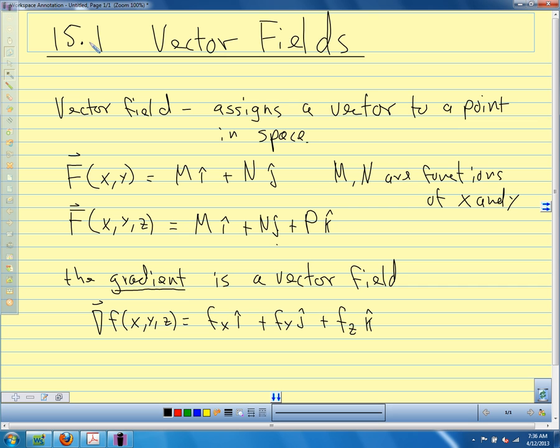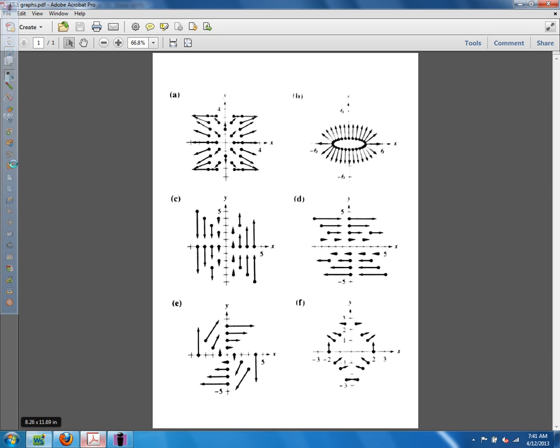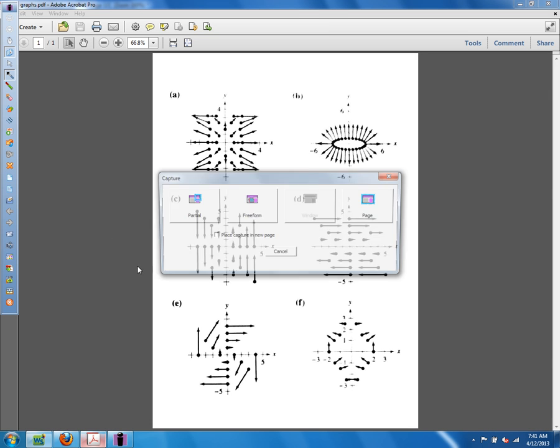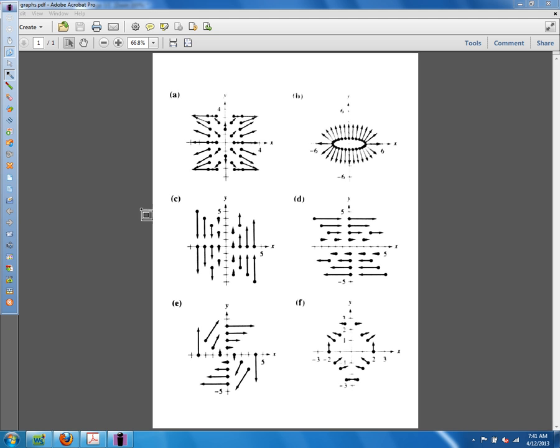So what I want to do next is look at some vector fields and match them with some graphs. So I have some graphs here. I'm just going to grab those.